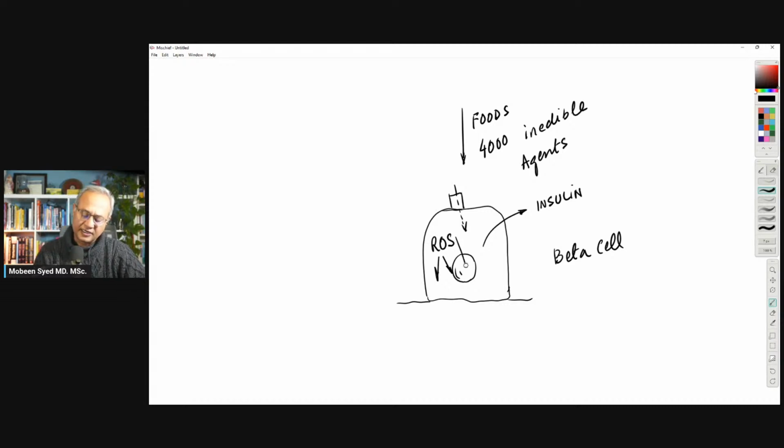Secondly, the reactive oxygen species are going to enter the nucleus as well. Thirdly, as the reactive oxygen species are damaging cell structures, there are going to be stress signals that would go to the nucleus that the cell is under stress. The result of that is that the cell would start producing extra amounts of insulin because the cell is agitated.